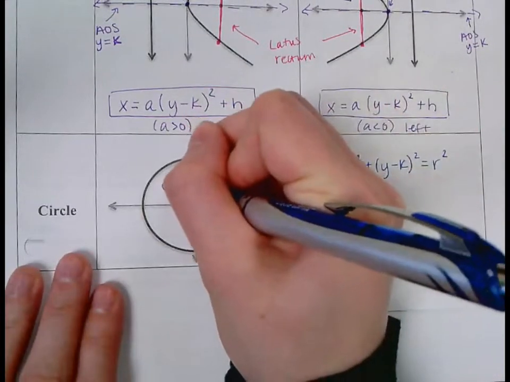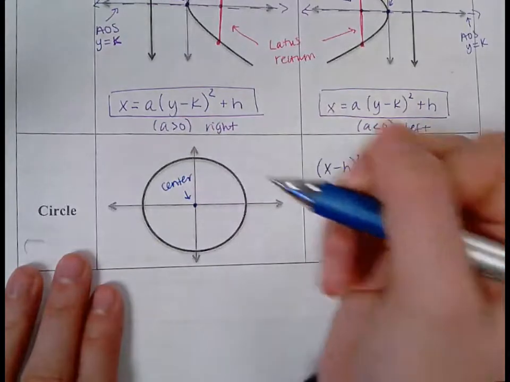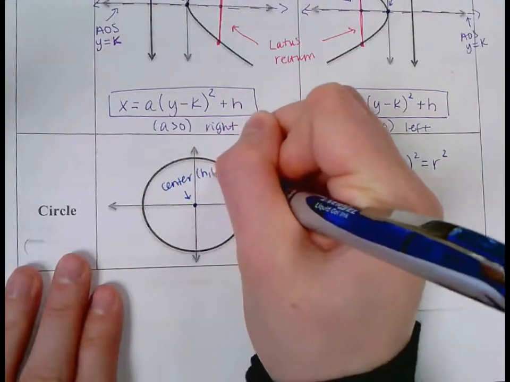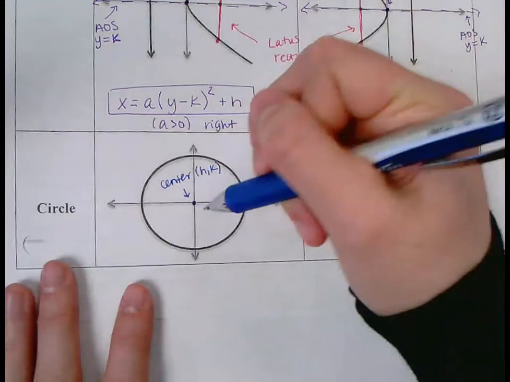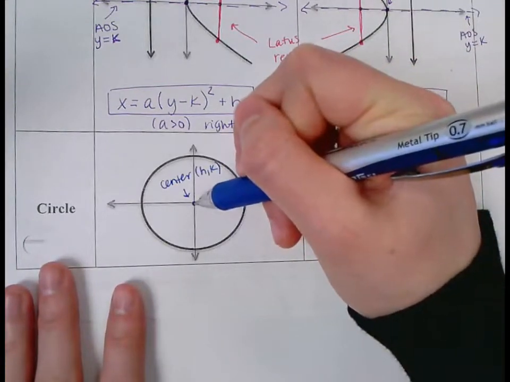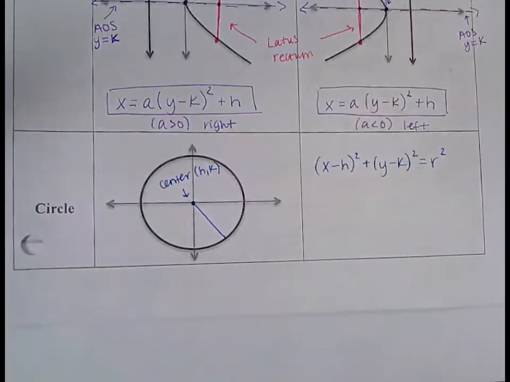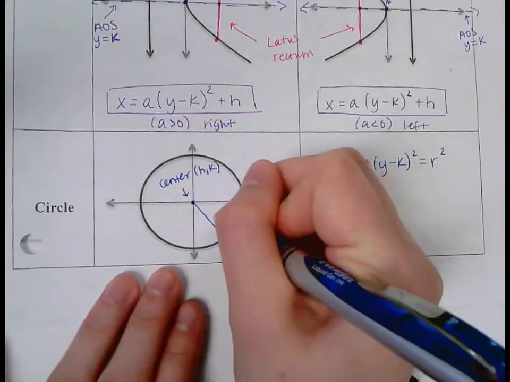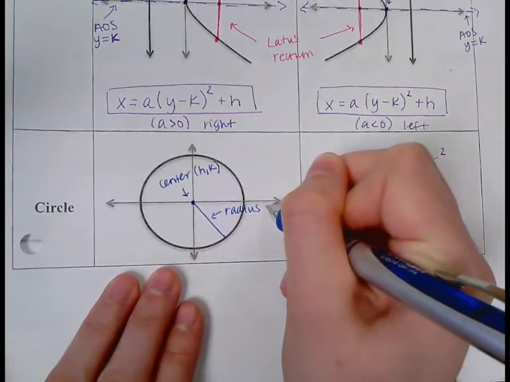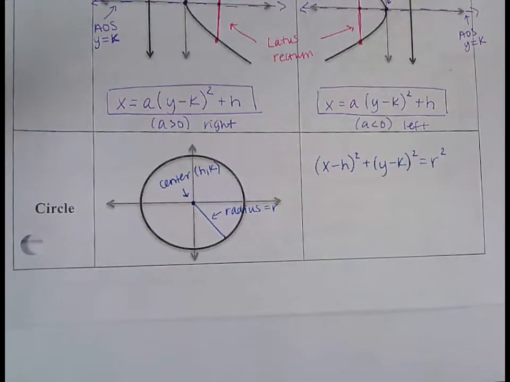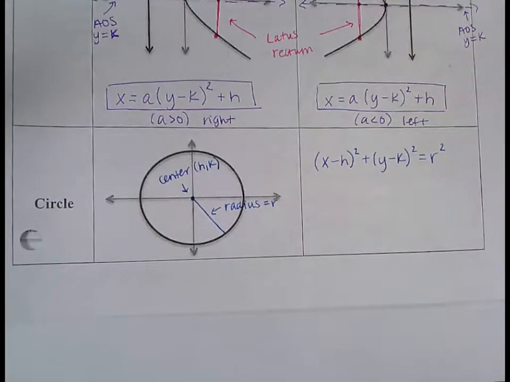But the center of a circle is the ordered pair HK. And then you can draw in anywhere on your circle a radius of the circle and just label that that's the radius, and we use R to represent the radius.